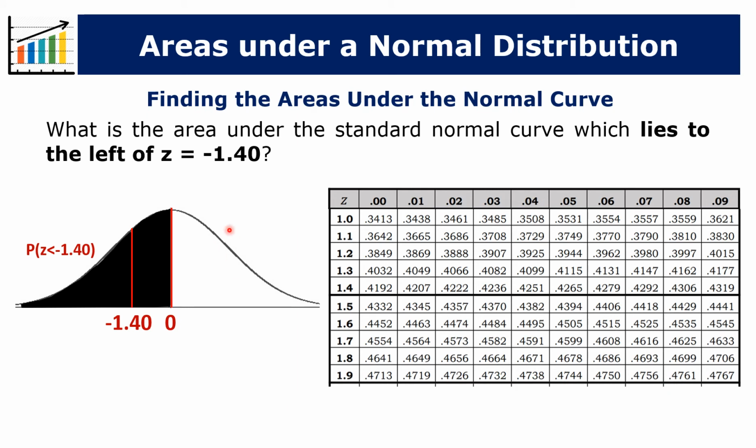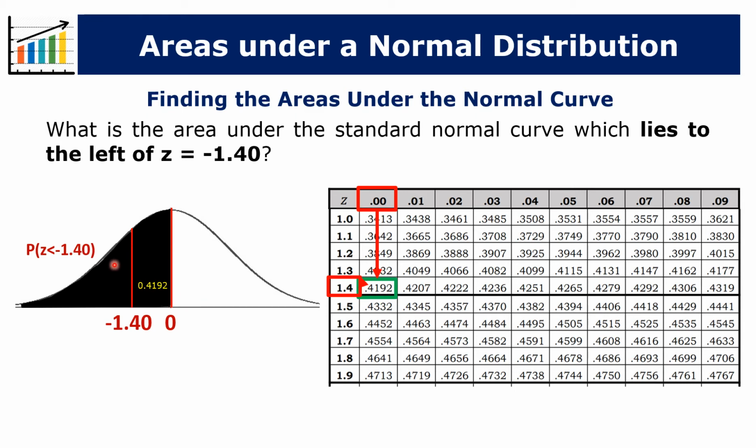Since the given is negative 1.40, again, we can use positive 1.40 as our reference. So we have 1.4, then 0.00. So the area is 0.4192, meaning the area between 0 and negative 1.40 is 0.4192.